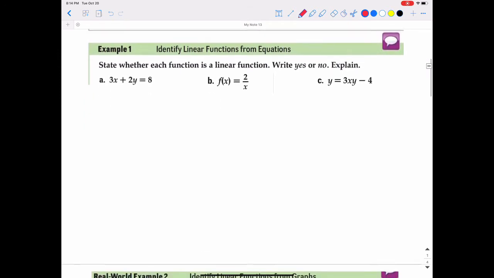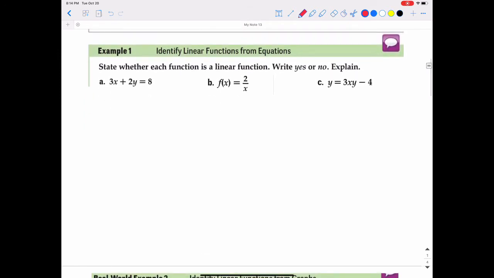So in example number 1, it says identify or state whether each function is a linear function, write yes or no, and then explain. So if it's a linear function, we should be able to write it in the form of y equals mx plus b. On part A, can we get it in that slope-intercept form?